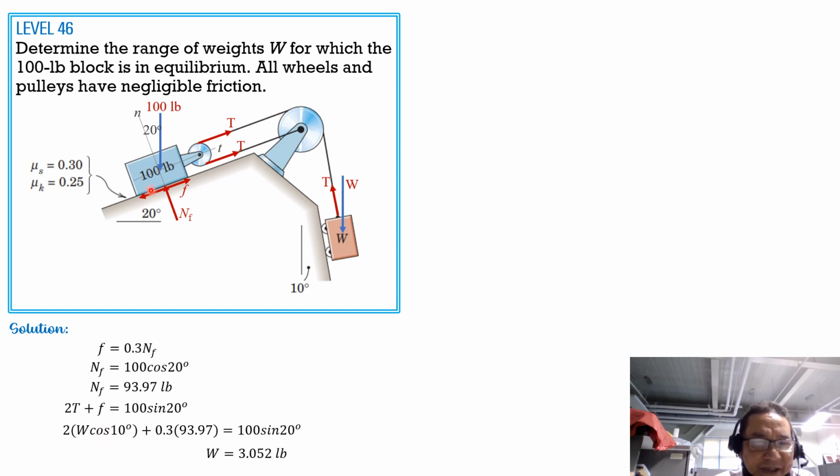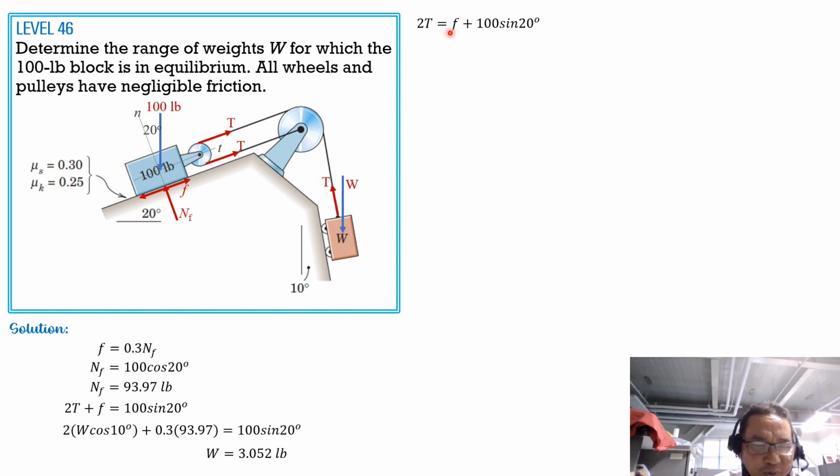For the upper limit, motion is up the inclined plane, therefore friction is going down. So the equation would be 2T equals friction plus 100 sine of 20 degrees. Friction is now in this direction, going down.